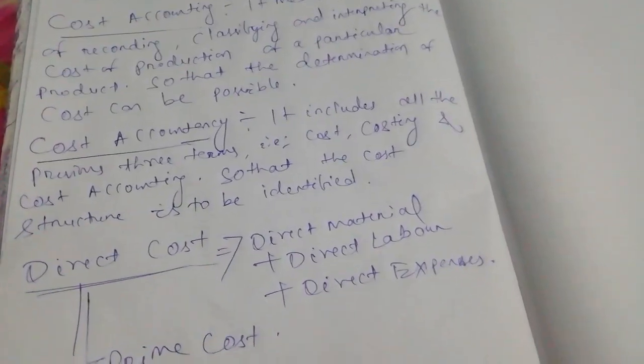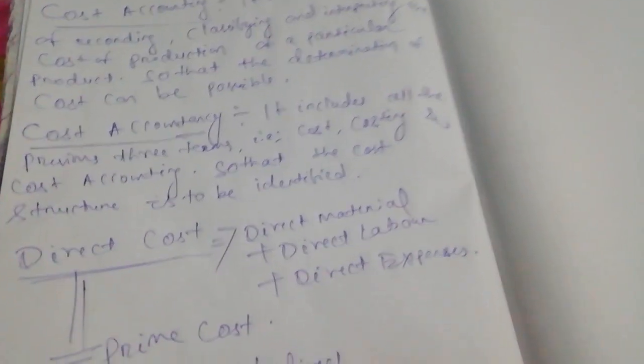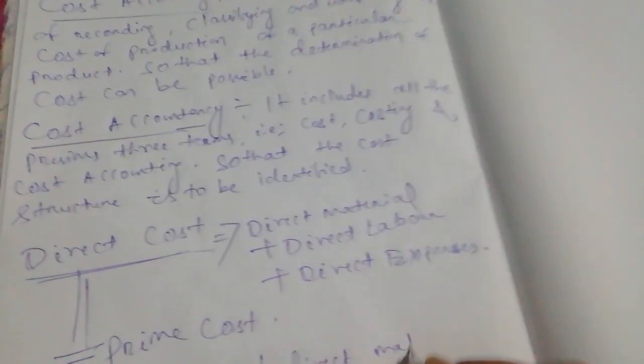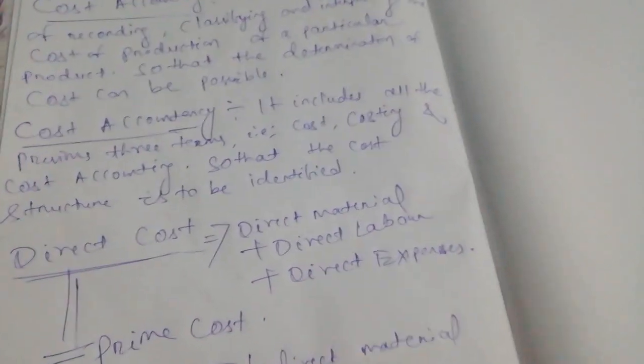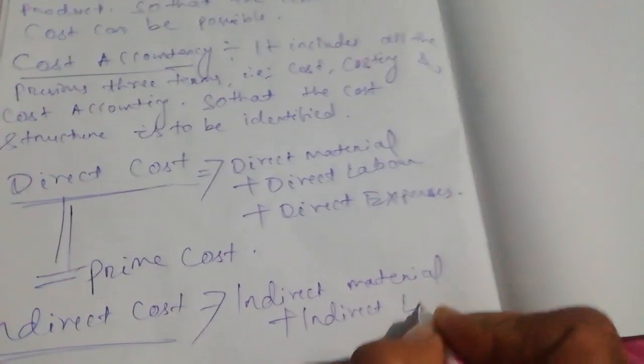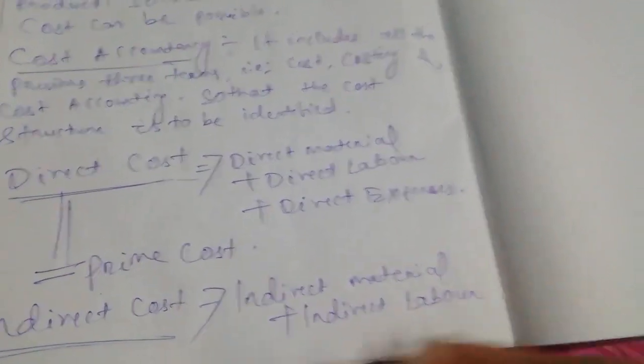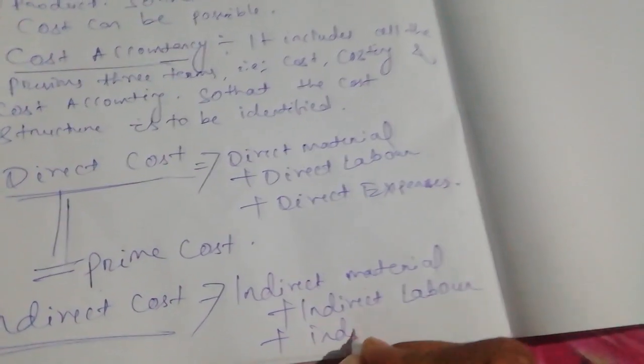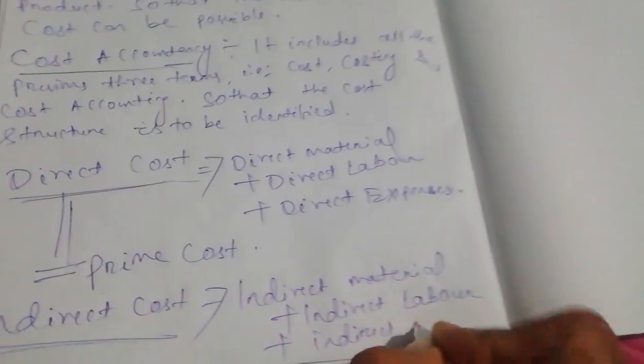Indirect cost means indirect material plus indirect labor plus indirect expenses.